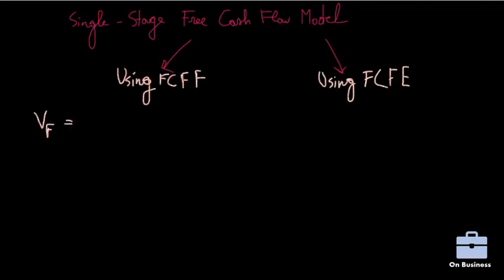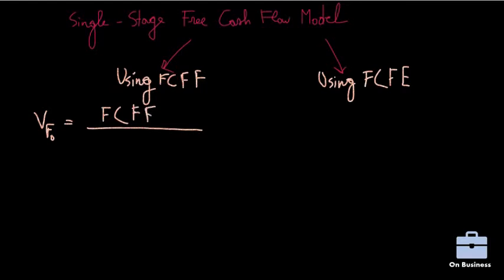When we're doing this, it's very similar to the Gordon growth model. The value of a firm at t equals 0 is always the cash flow that I'll be receiving in the next term, which is FCFF 0 into 1 plus g, and that would give us FCFF 1.